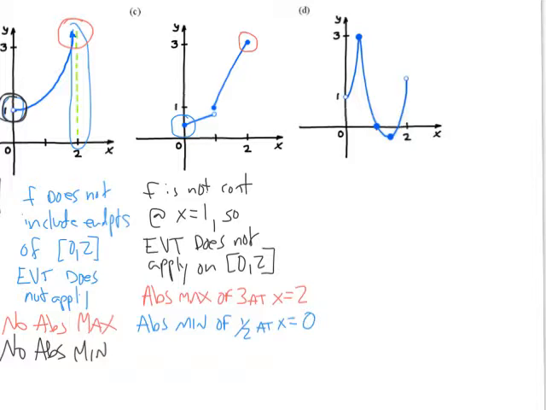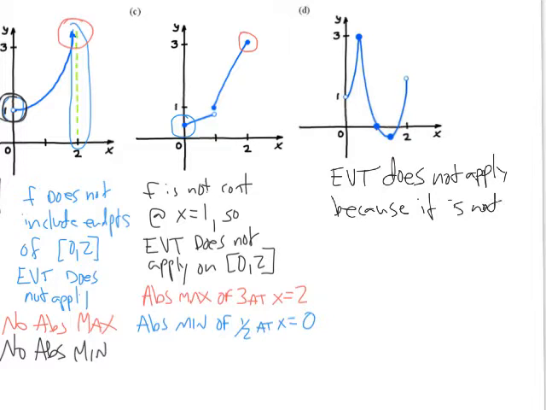Alright, the function is not continuous at x equals 1, so the EVT does not apply, but we still have an absolute max because this point is included, so a max of 3 at x equals 2, and a min of approximately 1/2 at x equals 0. So finally we'll go to part D, and in part D, the EVT does not apply, so the reason for that is the endpoints are not included because it is not continuous on the entire interval 0 to 2.